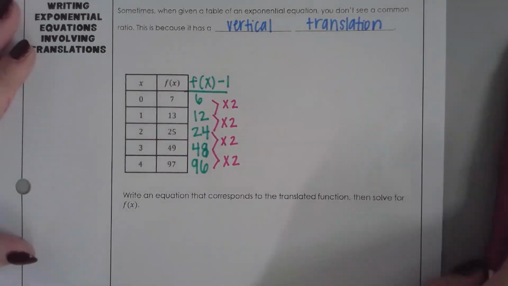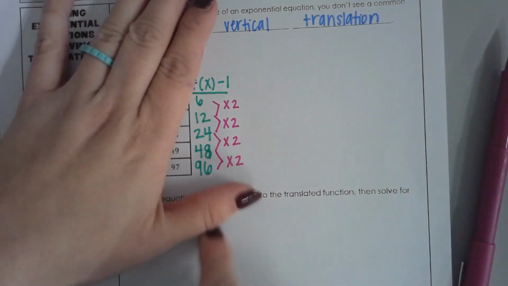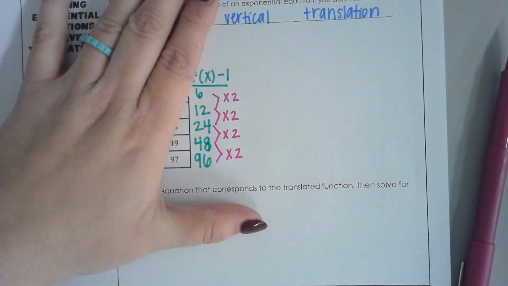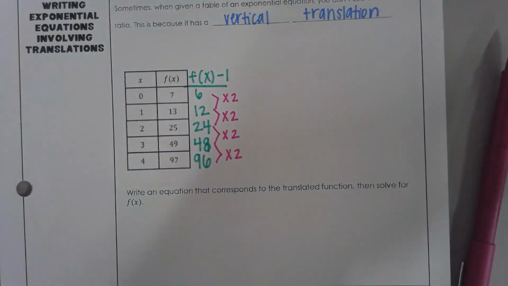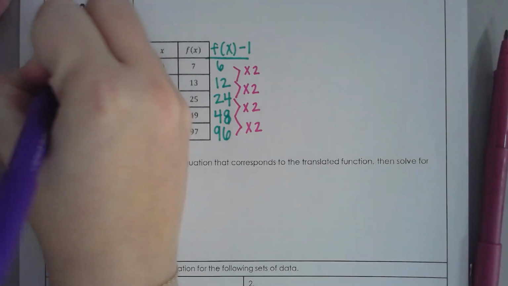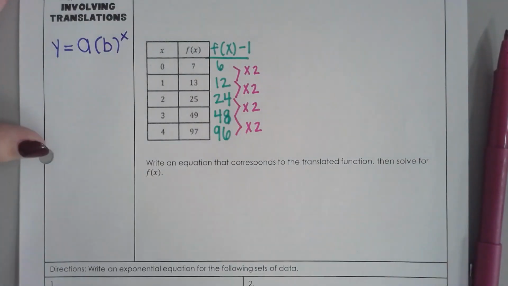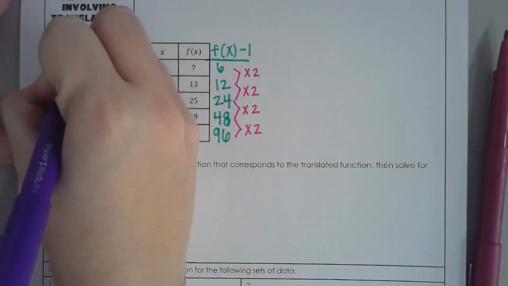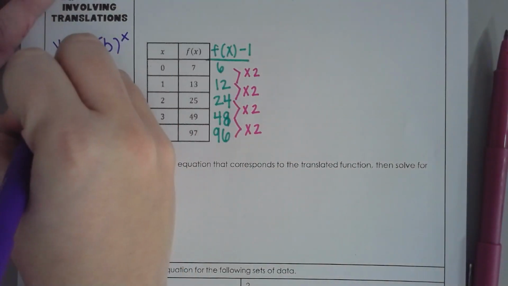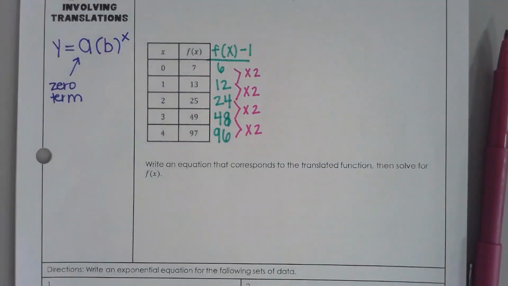And so the way that we come up with the equation for this is we start with the equation for the one that actually has that common ratio. In exponential functions, y equals a times b to the x. A is always your zero term.